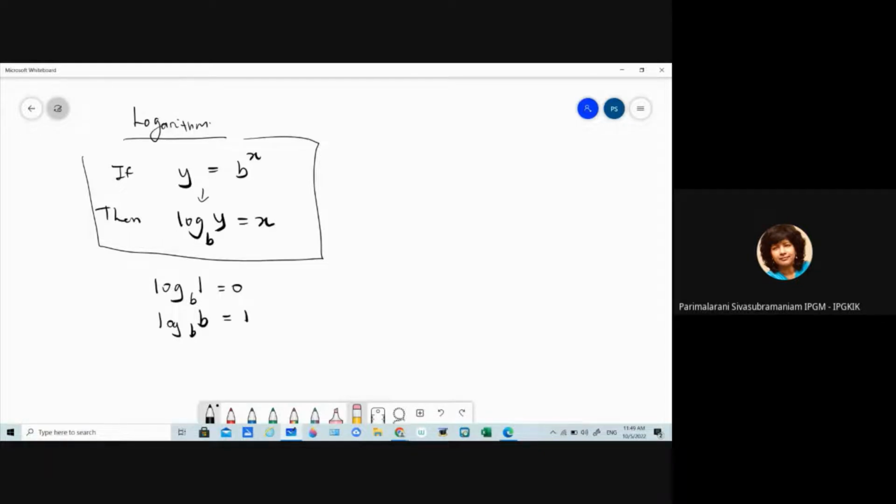If the number and the base are the same, the logarithm is always 1. Log b to the power of n base b equals n log b base b, but we know that log b base b is 1. Therefore, this is n times 1, which is n.